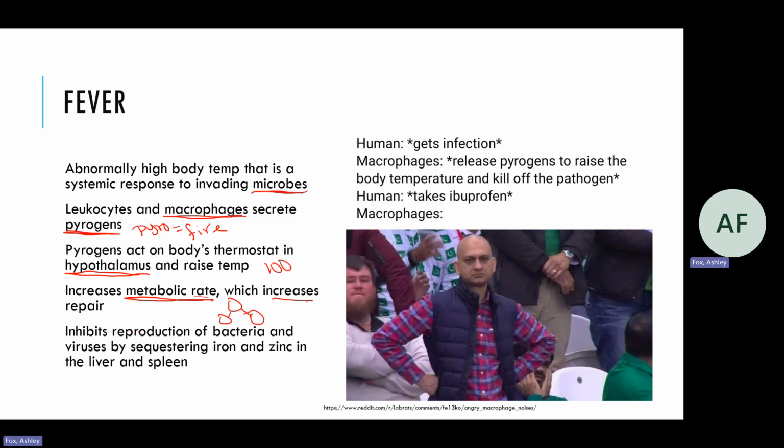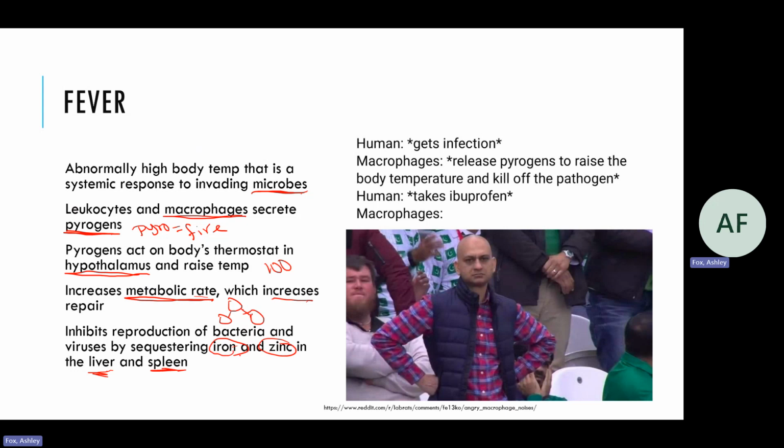A fever also slows down or stops the reproduction of bacteria and viruses by taking iron and zinc, which is needed for reproduction of these microbes, and makes them stay in the liver and the spleen.